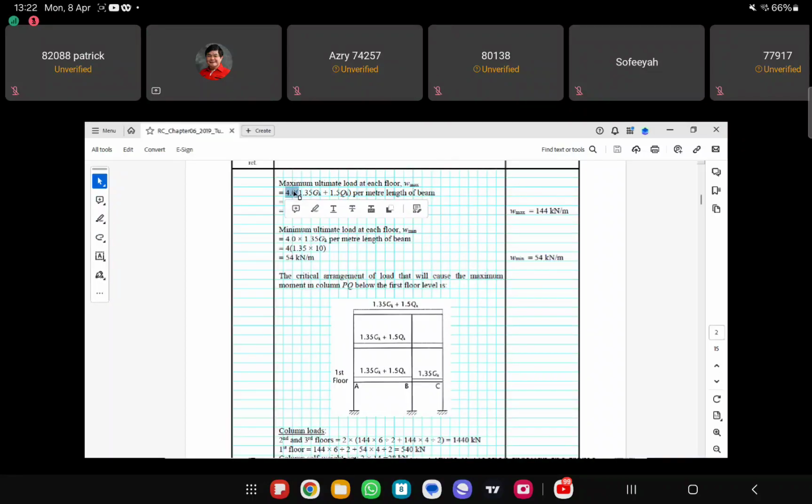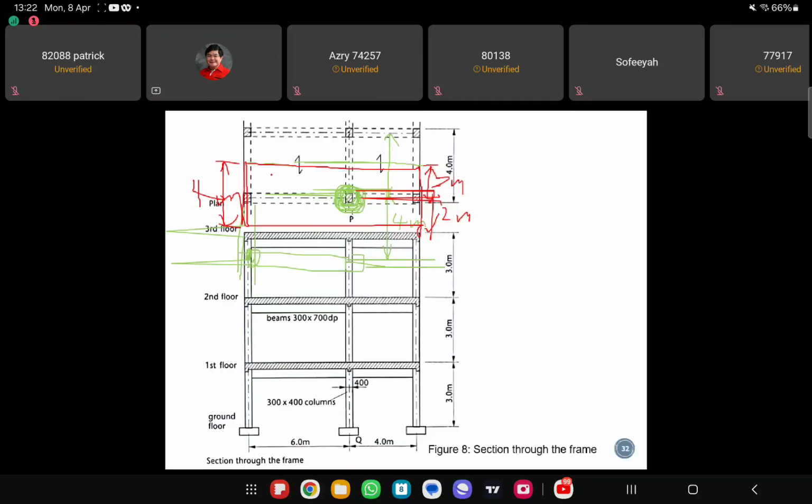Okay, understand all this? Does everyone understand what I'm explaining here? So the total load that is going to be transferred to this column is the shaded area here. All this load will be transferred to this column.